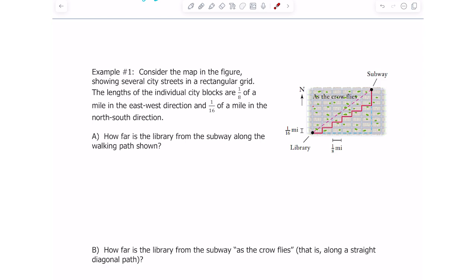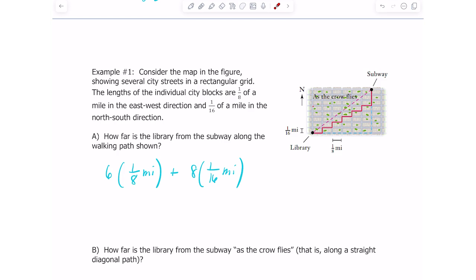So that means I have 6 times 1/8 of a mile. And I'm going to add that to the vertical distances that I'm going. So the vertical distances are 1/16 of a mile. And there's 1, 2, 3, 4, 5, 6, 7, 8 of those. So that's going to be 8 times 1/16 of a mile.